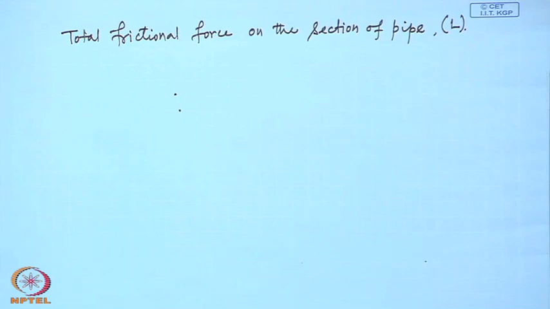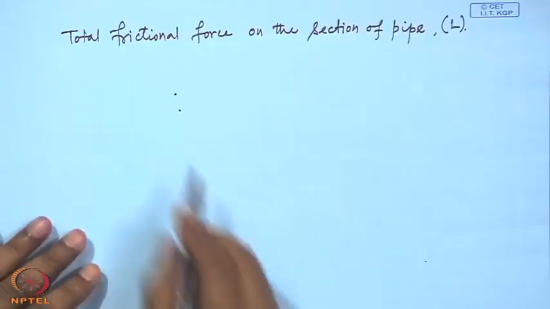Okay, this shear stress is to be multiplied by the area on which it is acting. On which area is it acting? The curved area, and that area will be how much? 2 pi a into L. So, this is that.